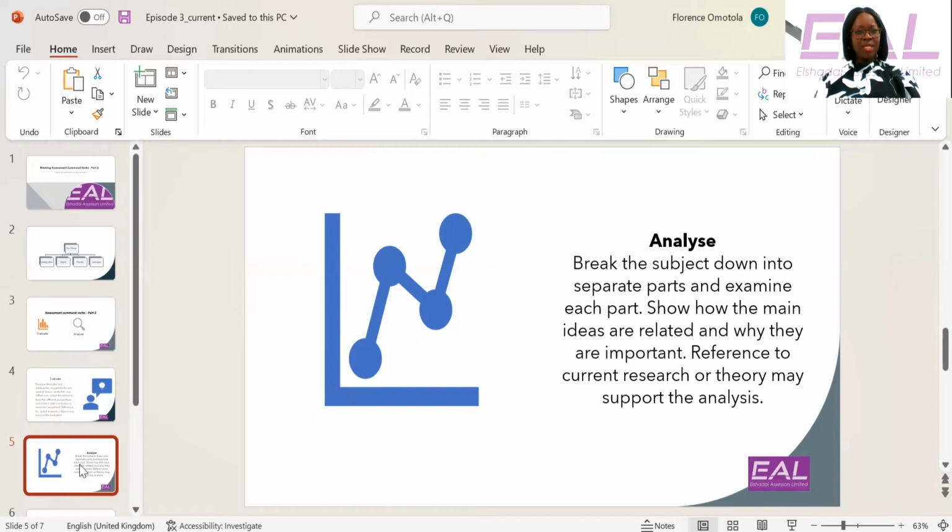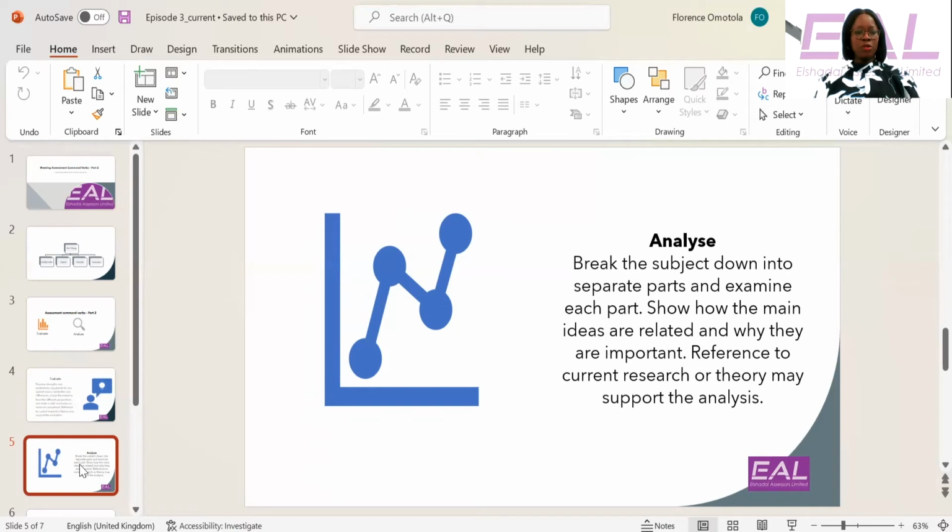In analyzing, your personal opinion does not really come in because it is purely theoretical. It is what is on the ground, and it is something that can be tested, in the sense that when it is looked up or checked anywhere, it is what it is.